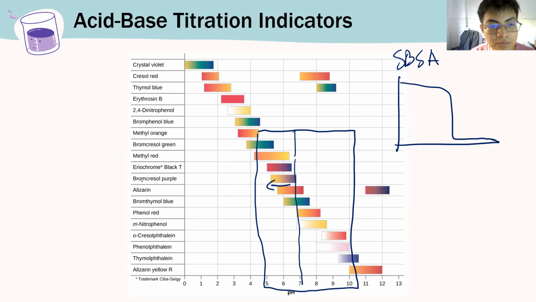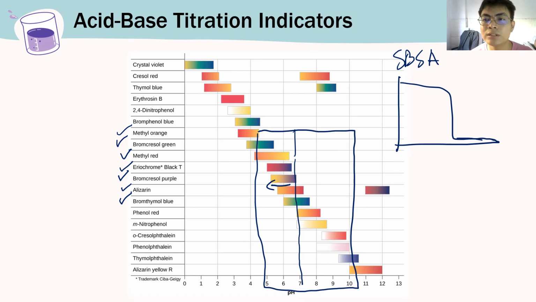Ano yung mga pwede doon? Pwede bromothymol blue, methyl red, alizarin, bromocresol green, and pwede rin yung methyl orange actually. So, you want to choose yung indicators that will change colors before siya maging excess titrant na, or before siya maging super acidic. So ganun yung dynamics when choosing an indicator.